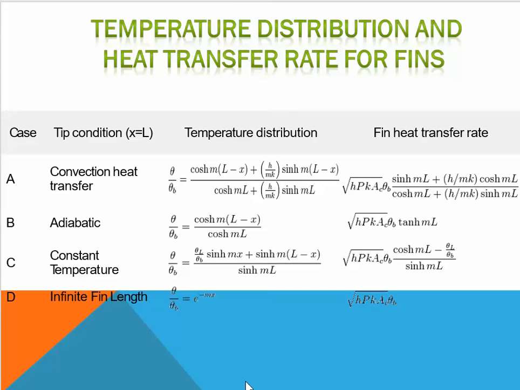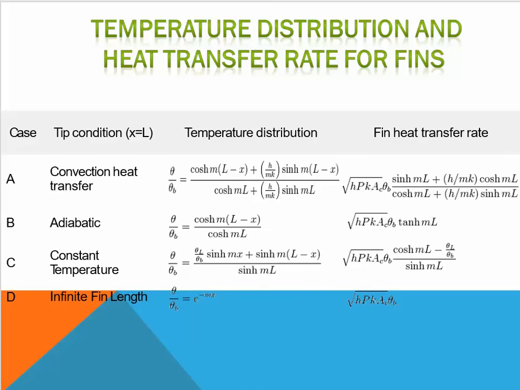Then for constant temperature, where the temperature remains constant, the values will remain the same. For the infinite fin length, the temperature distribution is exponential, and the fin heat transfer will be given in terms of hPA and theta.